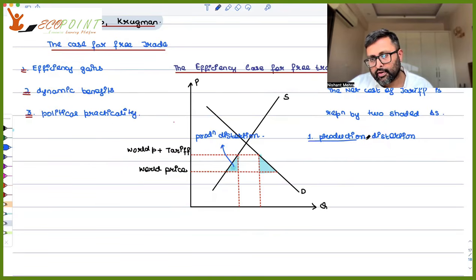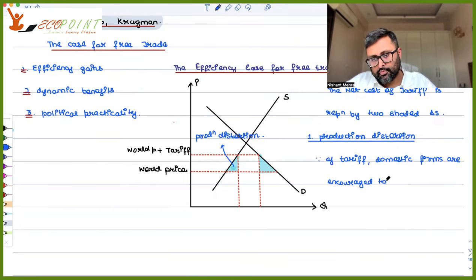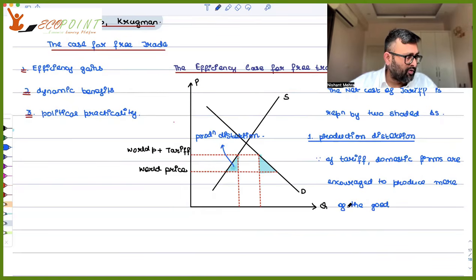So please write somewhere: because of tariff, domestic firms are encouraged to produce more of the good than they would under free trade.